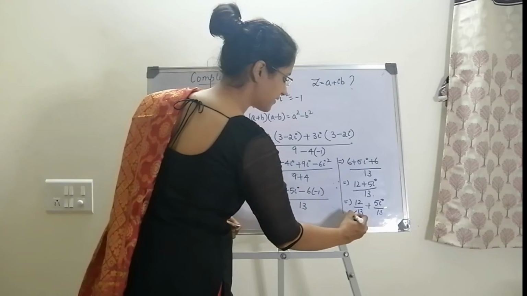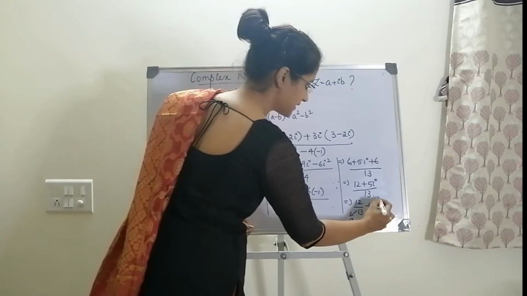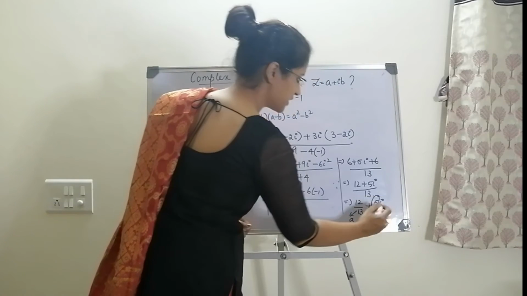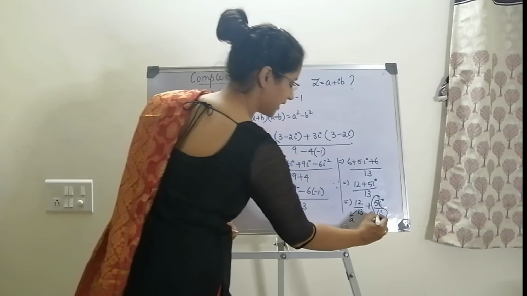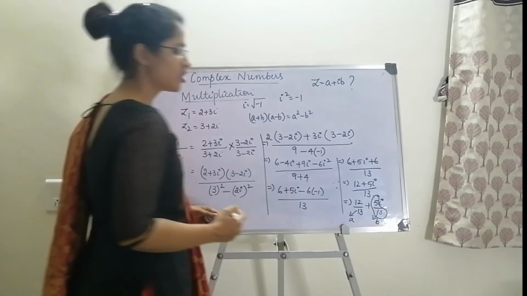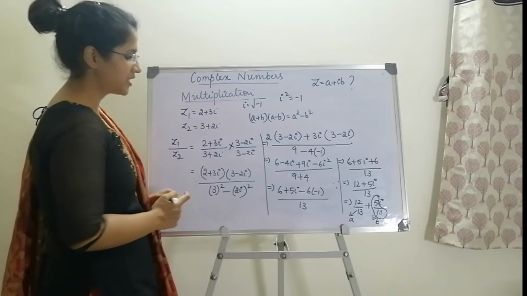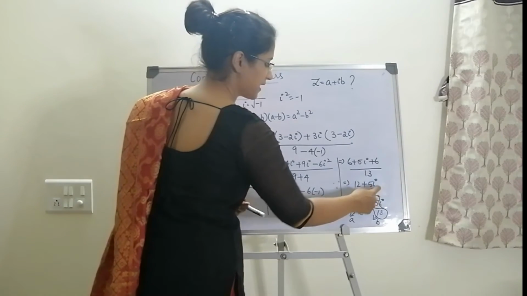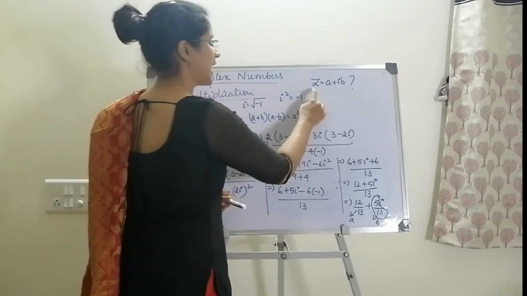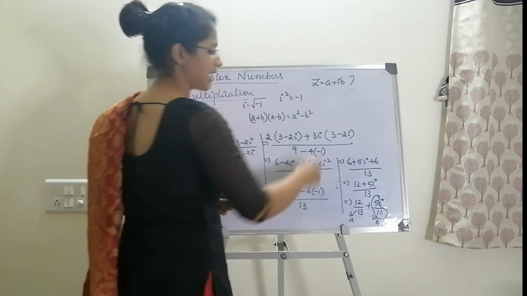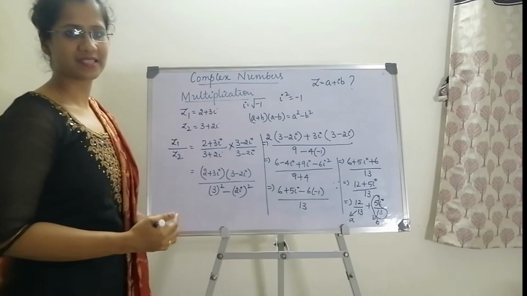This obviously resembles A, and this entire term, which is 5 divided by 13, resembles B. So we have written 12 plus 5i divided by 13 in the form of a plus ib, which is my complex number.